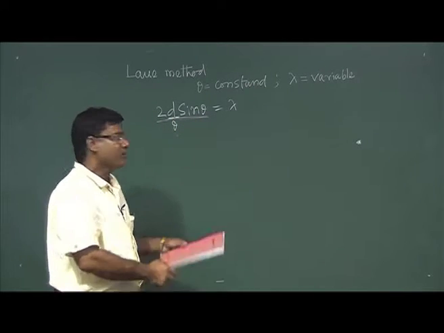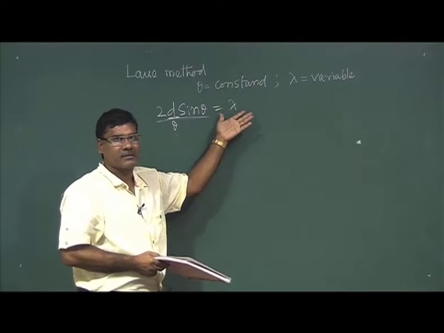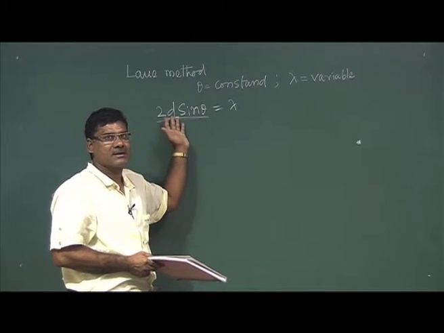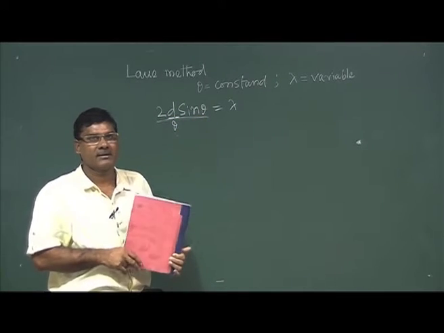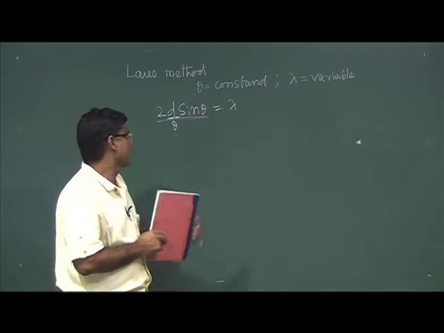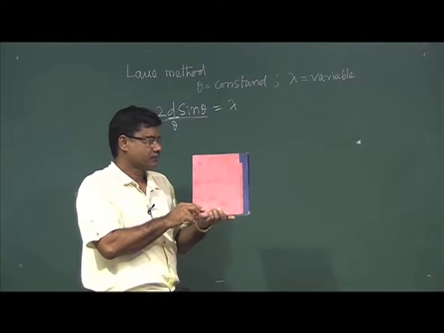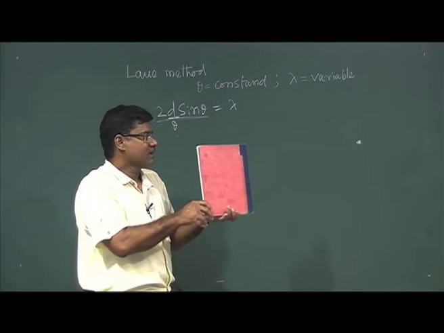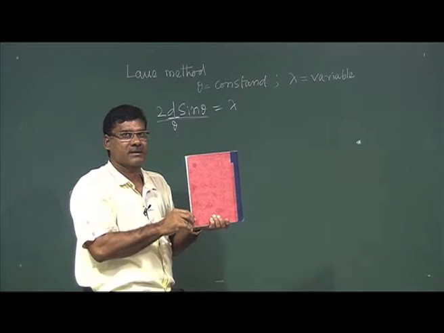Now, all sorts of lambda are there. So, it picks up the suitable lambda to satisfy this condition, and along that direction we get the diffraction. So, we will get a diffraction spot. Now, you see, as I told, this is the 1 1 0 plane.